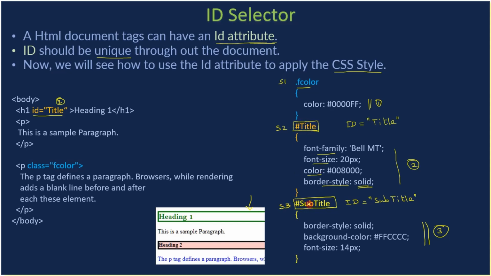This will match with title, and this third selector will match with the subtitle and apply rule 3. And here in h2, we use subtitle and border style is solid, and we changed the background color here, and that's why you are seeing a different background color, and the font size is 14 pixel.